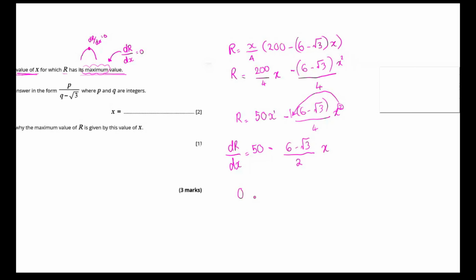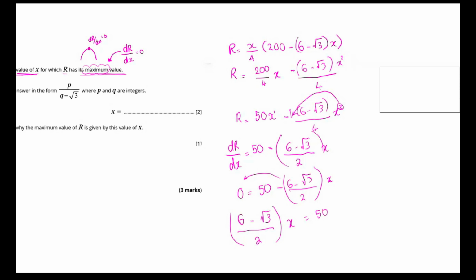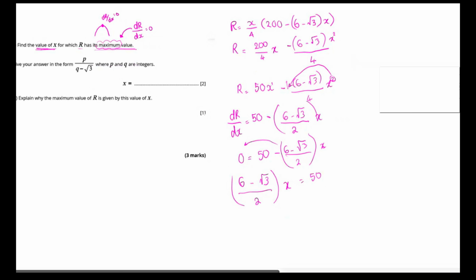So 0 equals 50 minus 6 minus root 3 over 2x. It's much nicer to bring this over to the other side to make it positive. So let's write it as 6 minus root 3 over 2x equals 50.